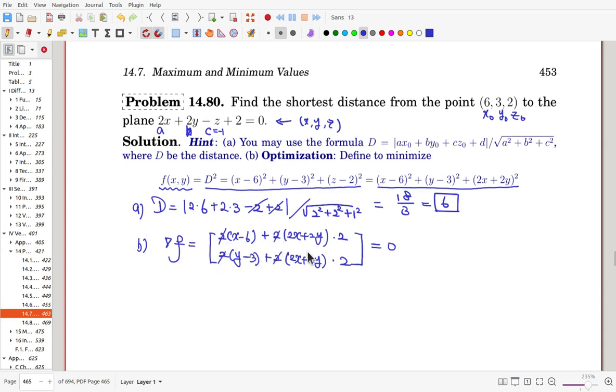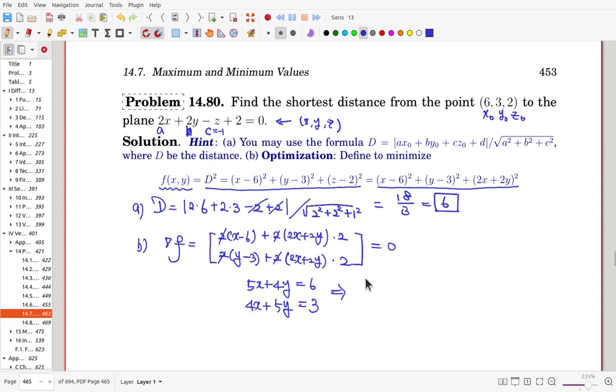This one will make 4x plus 4y plus x, so there are 5x plus 4y equals 6. Again, 4x plus 4y plus y, so 4x plus 5y equals 3. Now, to eliminate one variable, we may try to multiply by 4 here and multiply by 5 here.